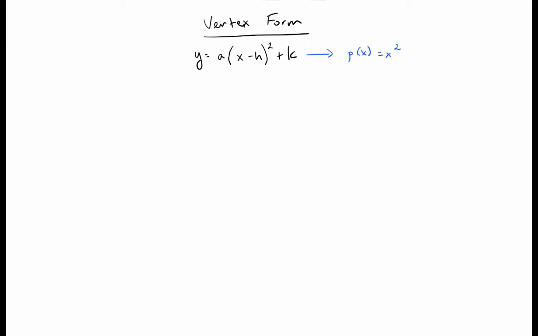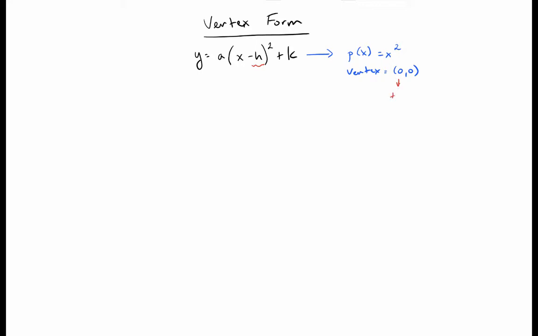Now, one thing I'll note is we do know the vertex of our parent function here is just 0, 0. All of our parent functions start at the origin. And based off of what we learned in the last unit, we know that this has a horizontal shift of h.